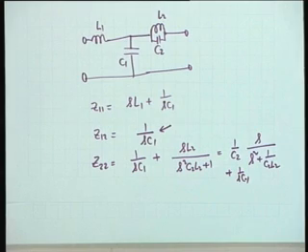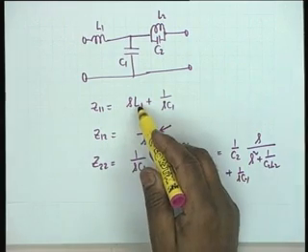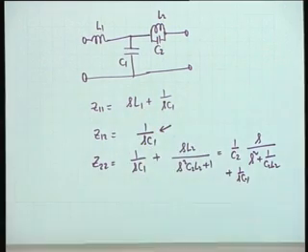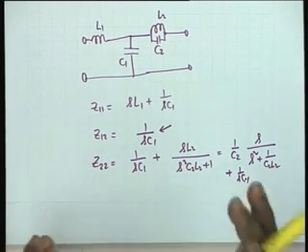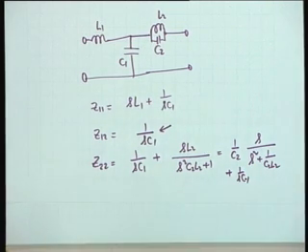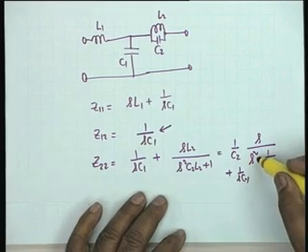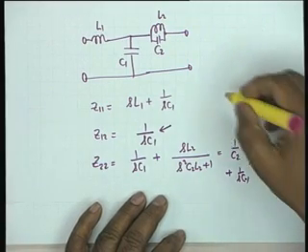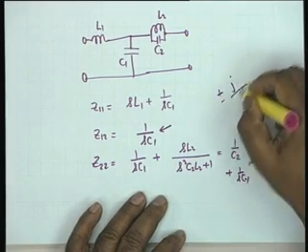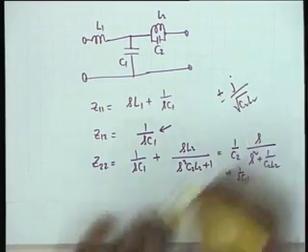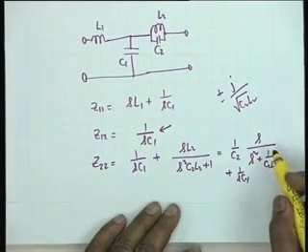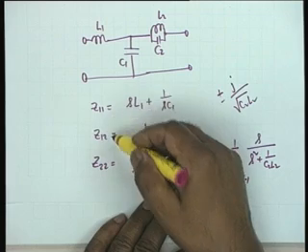There is no pole at infinity of either of them. So this pole is as if a personal property of Z11. You may call it a personal pole. Similarly, the pair of poles at plus minus j by square root C2L2 belongs only to Z22. It doesn't belong to Z11 and Z12.